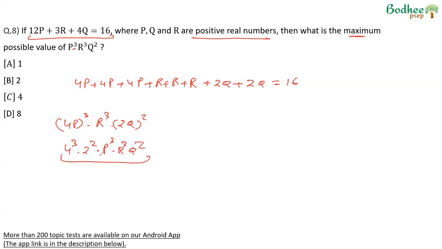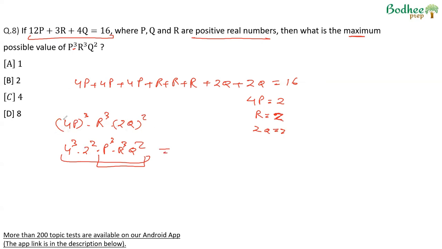If this is maximum, by default this will also be maximum because 4 cube and 2 square are constants. Now here we have 1, 2, 3, 4, 5, 6, 7, 8 terms. Sum is 16. Therefore we can say 4p should be equal to 2, that is 16 by 8. r should be equal to 2 and 2q should be equal to 2 to get the maximum product.